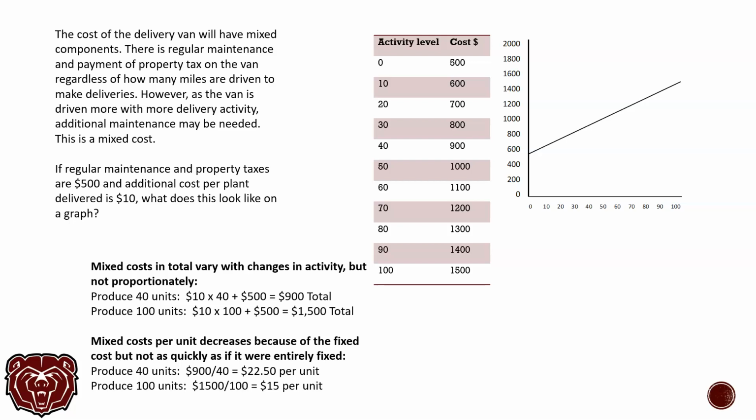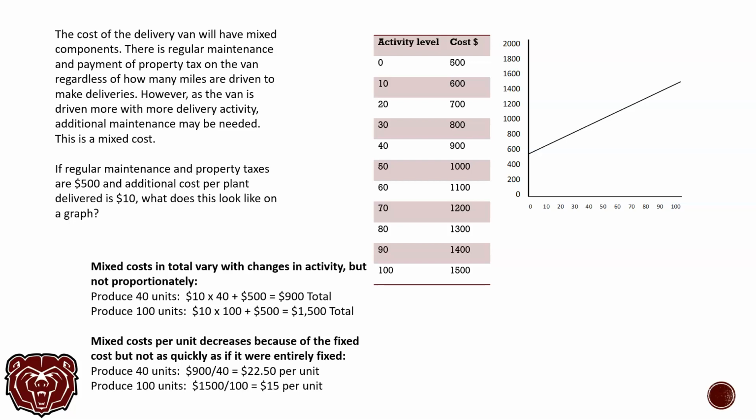So let's say we produce 100 units. It's going to be $10 per unit delivered times 100 units delivered equals $1,000 plus that $500 fixed component. So mixed costs per unit decrease because of the fixed cost, but not as quickly as if they were entirely fixed.